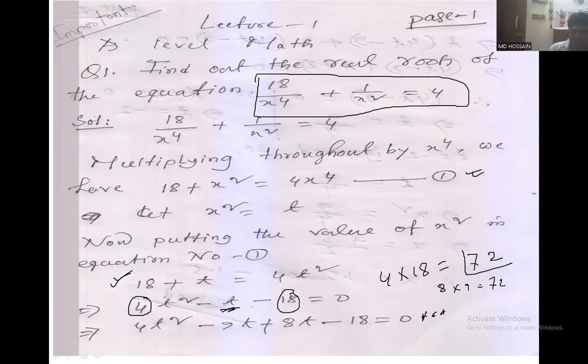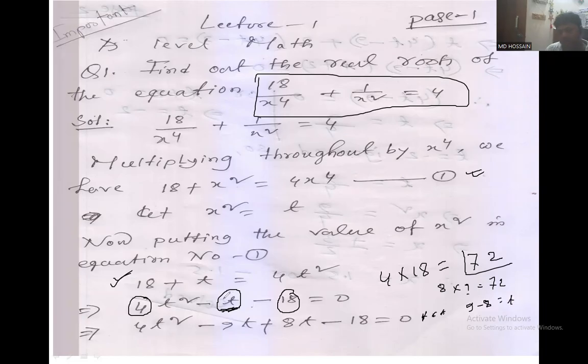You should match the numbers so that the multiplication of those numbers is equal to the multiplication of 4 and 18. So 4 times 18 is 72, 8 times 9 is 72, and 9 minus 8 equal to 1. This one.